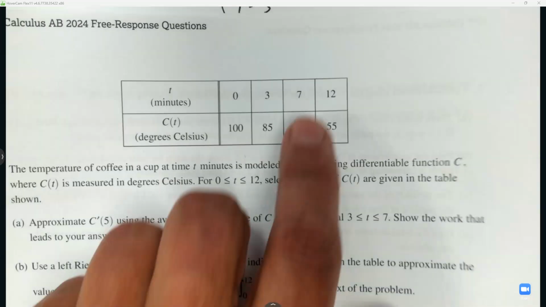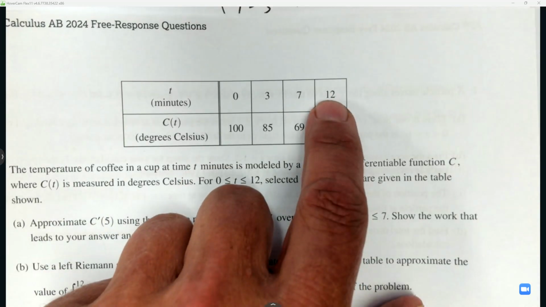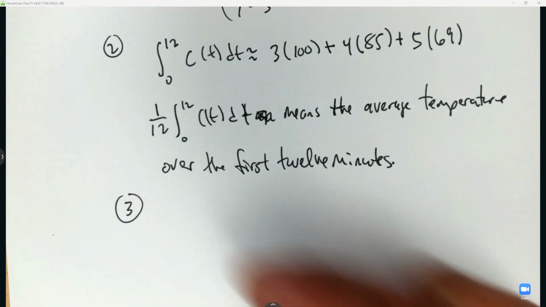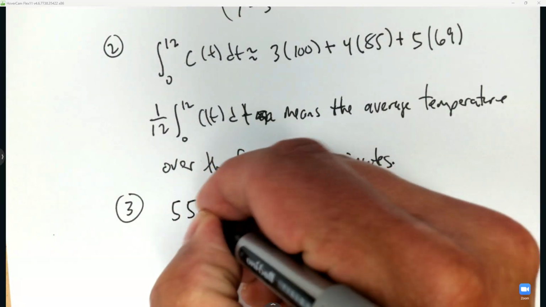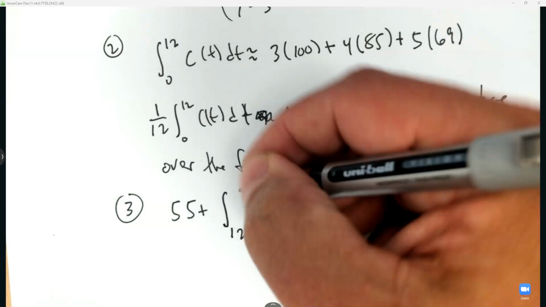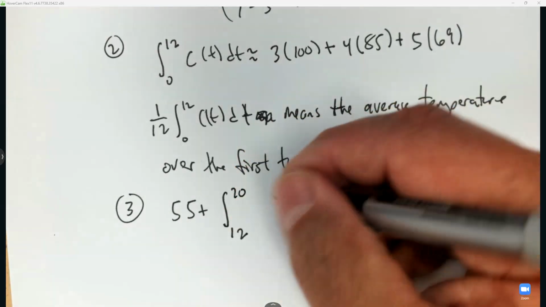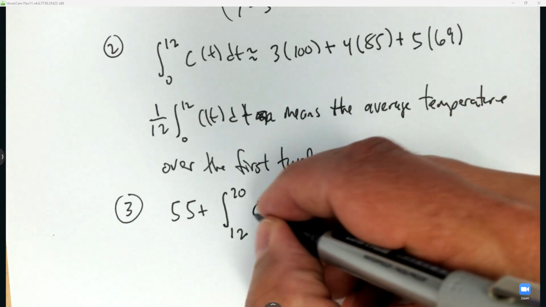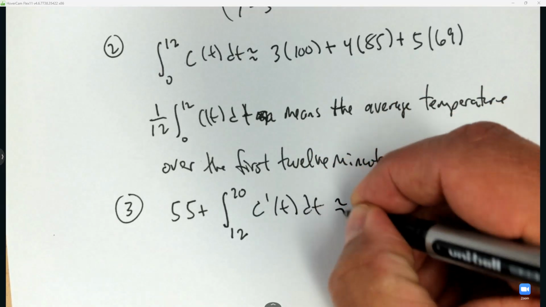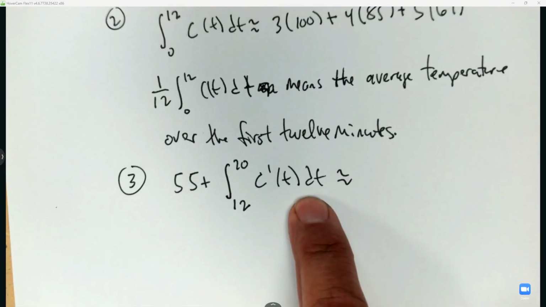The last temperature we know is at 12 minutes, the temperature was 55. So that's our starting value, 55 degrees. And then I add and integrate from 12 to what I'm looking for, which is 20. And I integrate the derivative. So there's the setup to show what you're doing.